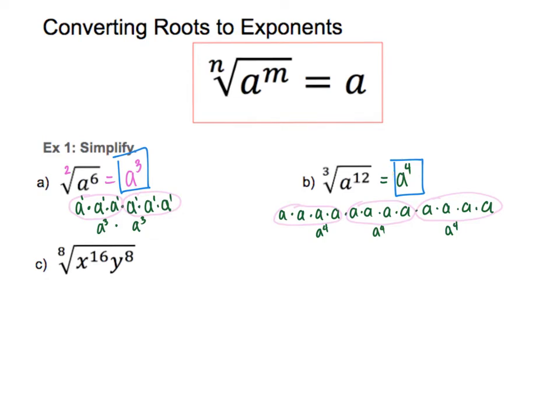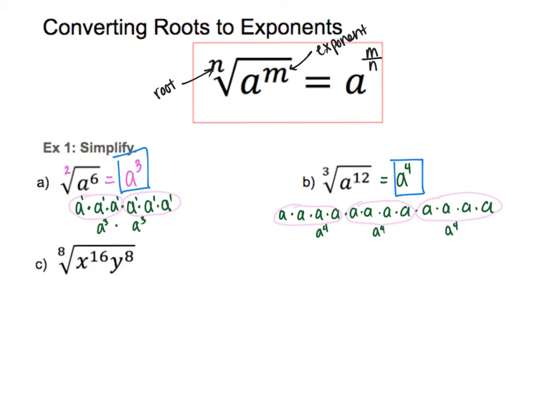So what you're doing is you're taking the exponent, I'll call m here since it's inside the exponent, and you're taking n, which is outside of the root, is called the root. So the number outside is called the root, the number inside is called the exponent. So when you take the root of an exponent, you actually divide the exponent by the root. So in other words, a to the m over n.